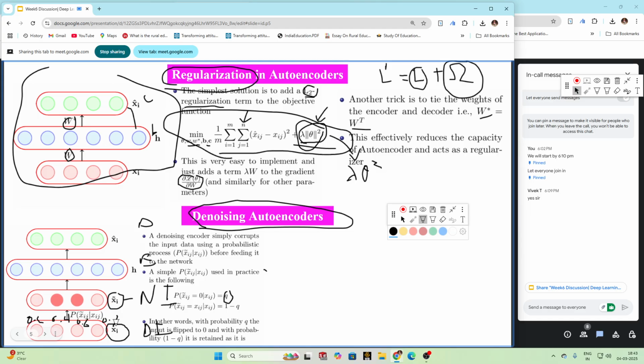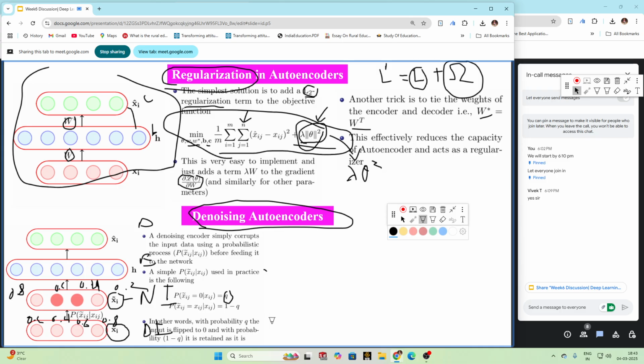Now what I will do is subtract each from 1, so this becomes 0.8, this 0.6, this 0.4, and this 0.2. So what I am doing is adding noise to the input.